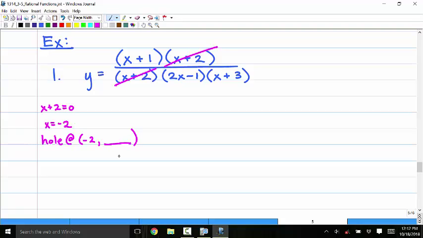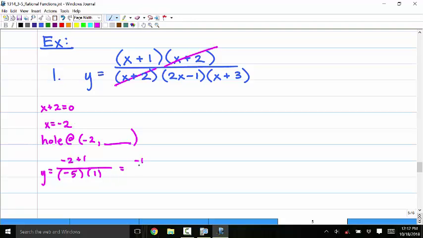How do we find that something? I plug negative 2 back into what I have remaining. So y equals (negative 2 plus 1) over (2 times negative 2 is negative 4, minus 1 is negative 5), times (negative 2 plus 3 is 1).